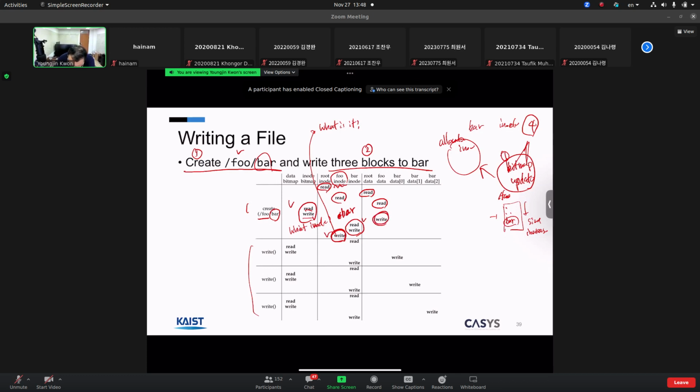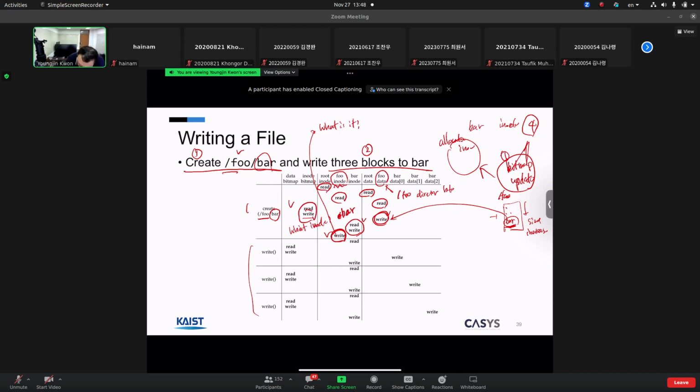And this write operation is about the new entry added in foo. So the foo data block, for example the foo directory block, has to be written here. Okay, follow the sequence.